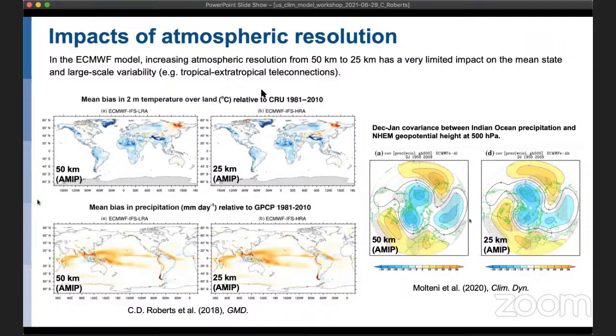These plots on the left show the mean bias in 2-meter temperature and precipitation in these different AMIP experiments, and I mean, they're effectively identical. On the right, these are plots of Northern Hemisphere teleconnections in geopotential height associated with variations in precipitation in the tropical Indian Ocean. And again, it's extremely difficult to tell these apart given the sampling uncertainties.